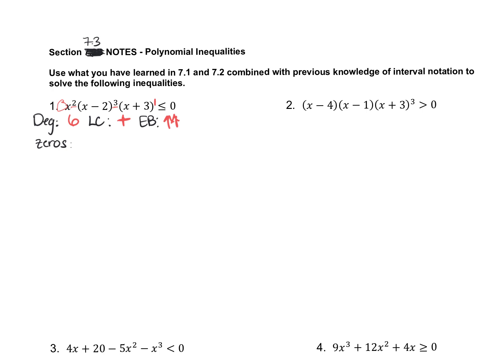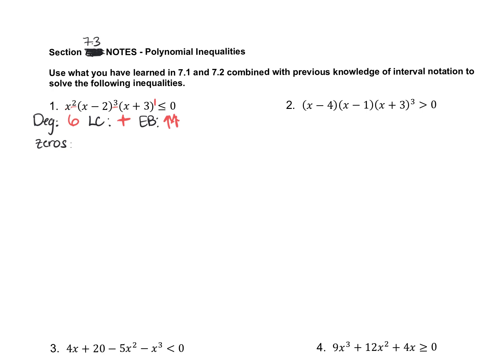Okay. Now let's talk about the zeros. We've been doing zeros quite a bit, and you do this a lot in algebra too. To find the zeros, we're just going to look at each of these little factors here.